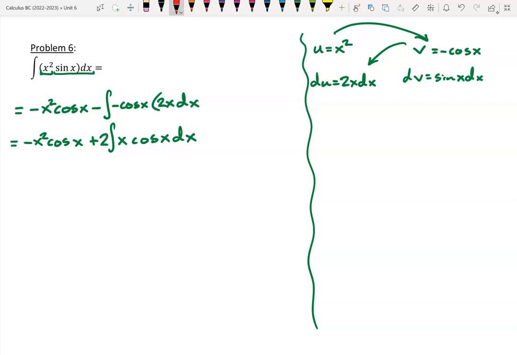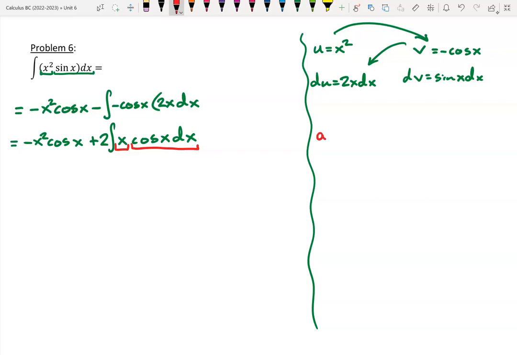didn't quite get down to a place where I can integrate yet, but I can go ahead and do another layer of integration by parts here, because I see, okay, if I pick that as my next u, then that will differentiate down to 1, simplifying my integral to a place where I should be able to then get a final answer. Now I used u and v already, so I'm going to use a and b here.